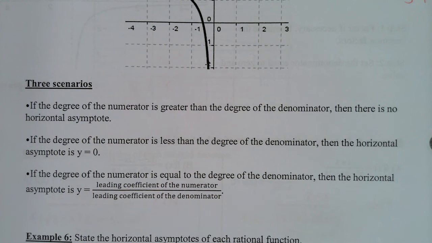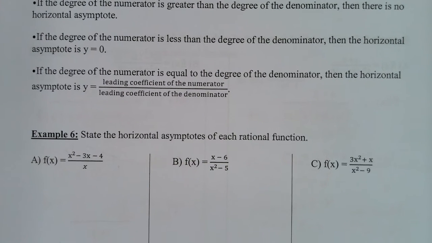And the final scenario, if the degree of the numerator is equal to the degree of the denominator, then the horizontal asymptote is y equals the leading coefficient of the numerator divided by the leading coefficient of the denominator. Okay, so we're going to do one example on each.